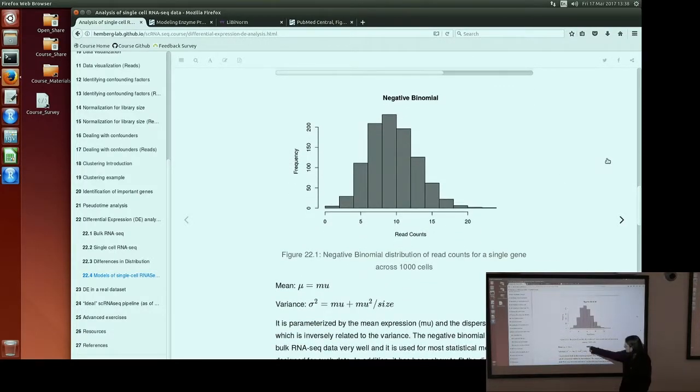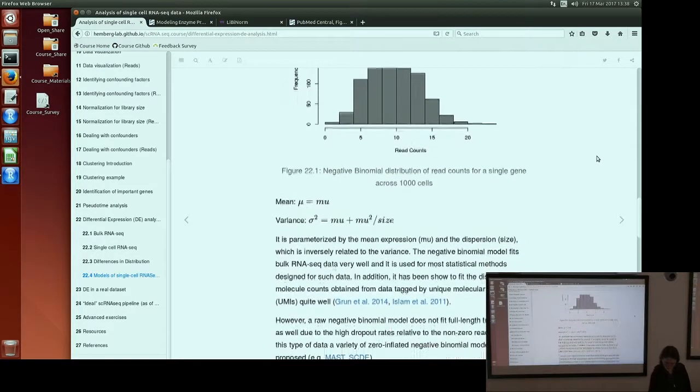You've got the mean, and then the size parameter affects the variance. If you have a very large size value, you have a small variance, whereas if you have a small size value, you have a larger variance. This is generally used for UMI tag data. It generally fits that kind of data quite well.